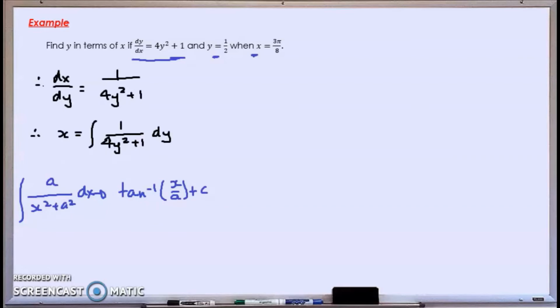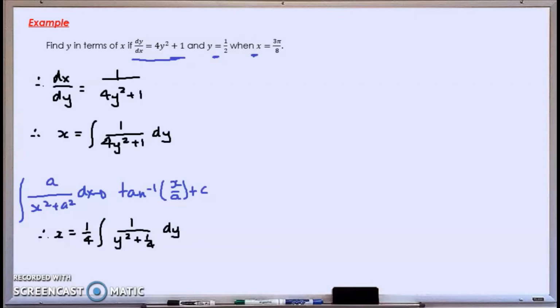The first thing I'm going to do is take out this 4, because I need that to be a single positive y squared. So I'm going to write x equals 1/4 outside of the integral of 1 over y squared plus 1/4 dy.